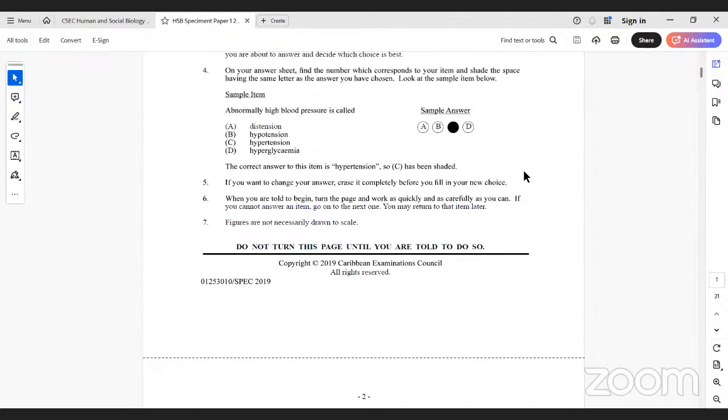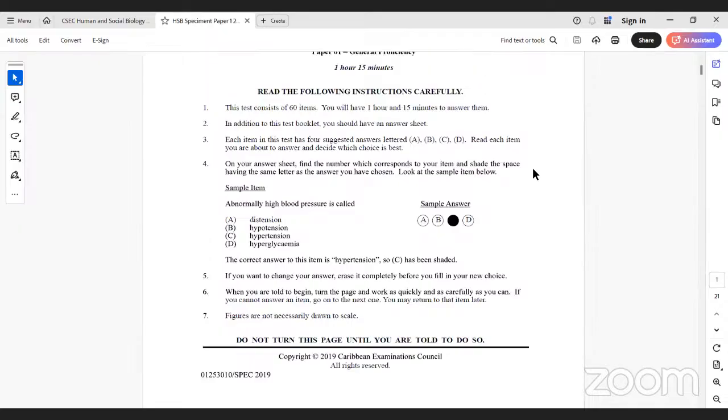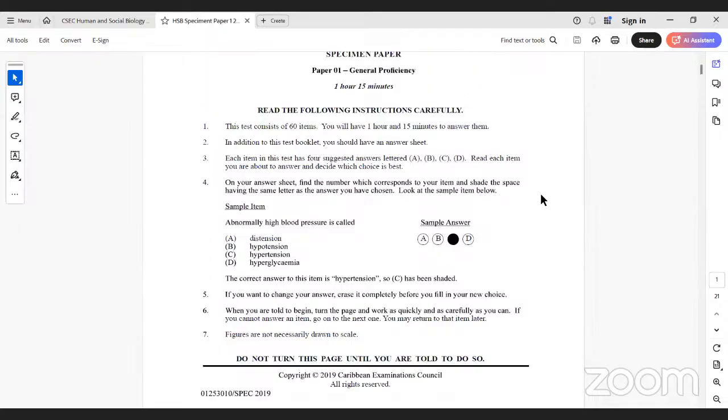Someone is asking, what happens if you use a pen? It's not necessarily that you get penalized. It's just that these papers are not marked by humans. They are marked by a computer. The answer sheet is pushed into a machine that beams light through the paper, and the light has to be blocked at the shaded location.